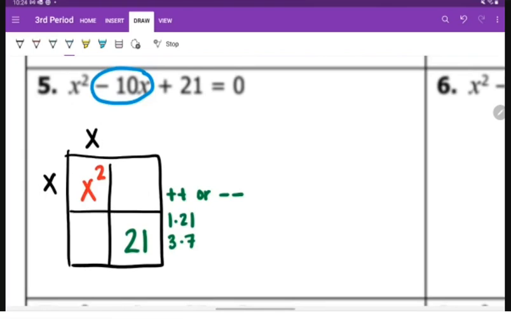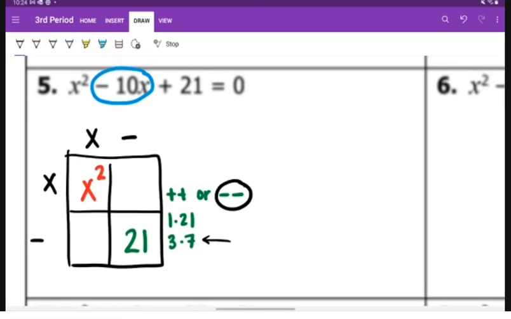So that means we have to have some negatives in here somewhere. So the option we're going to choose is the negative negative. So we're going to have a minus minus. And since the signs are both the same, when we combine our numbers, they would add together. So if we had a negative 3 and a negative 7, they would add together.